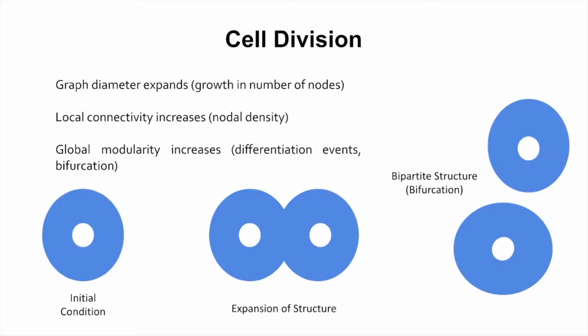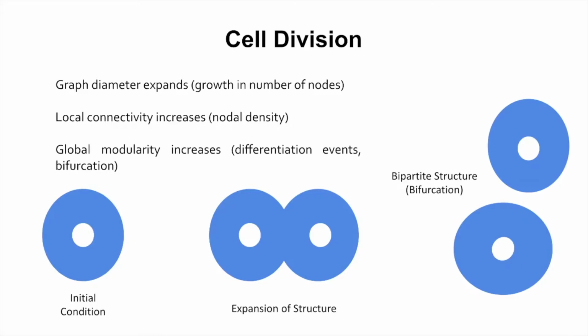Cell division provides a number of challenges for looking at this from a network perspective. The first is that the graph diameter will expand or grow in the number of nodes over time. As cells divide on orders of 2, this network will grow, both in size, but more importantly in its density.